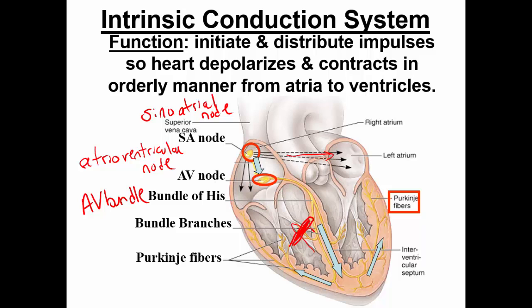But the moderator band allows the action potential to take a shortcut to the papillary muscles so that they can contract earlier before the rest of the ventricle. The time it takes for the action potential to travel from the SA node all the way through up until the last ventricular cell is about 0.22 seconds.